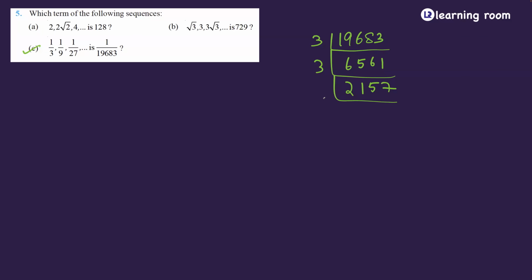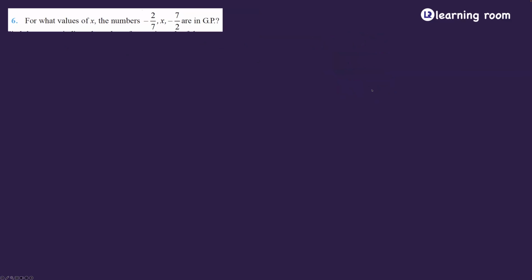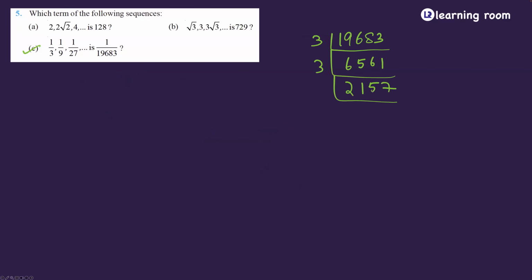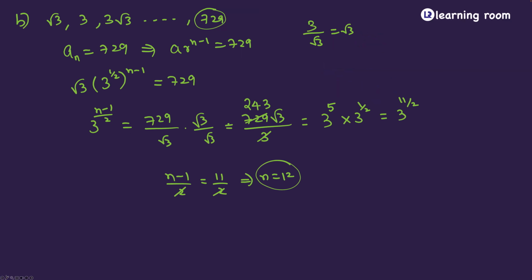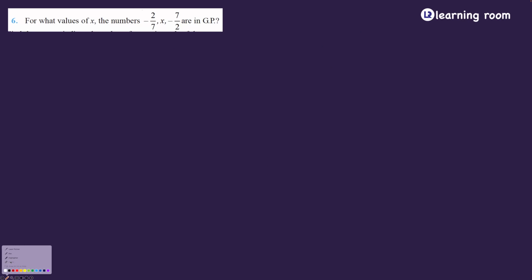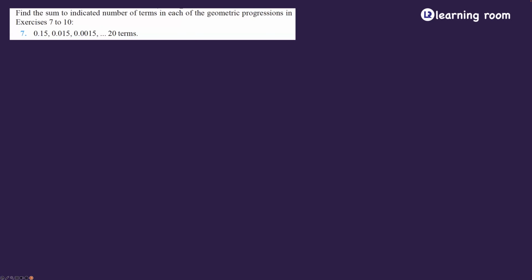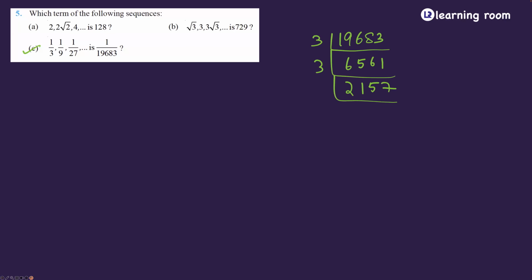Which one is 8? 2187. Where is it? This one, no? Yeah. So this is going to be 2187.